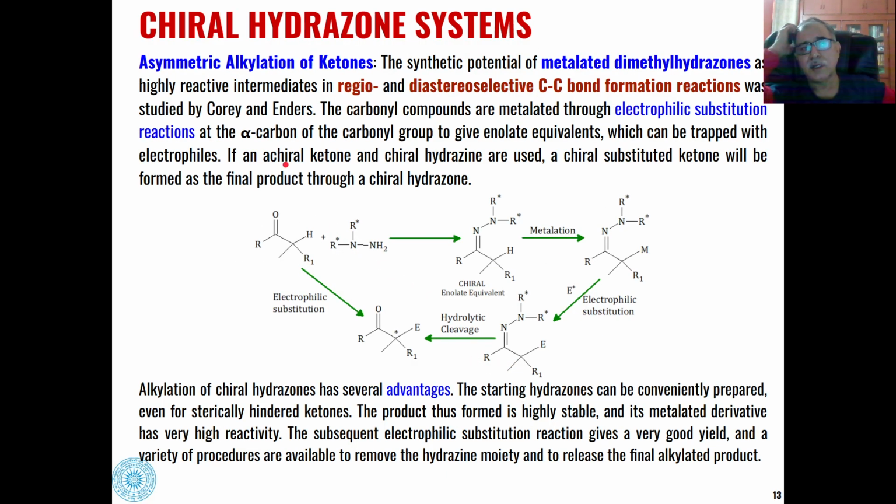Then the hydrazone system can also be used for alkylation of ketones. Here basically what happens is that methylated dimethyl hydrazones have been found to be highly reactive intermediates in either regioselective asymmetric synthesis or diastereoselective asymmetric synthesis, where a new carbon-carbon bond formation takes place.